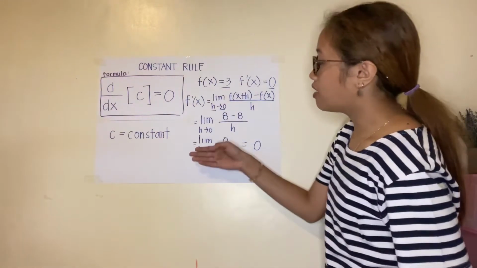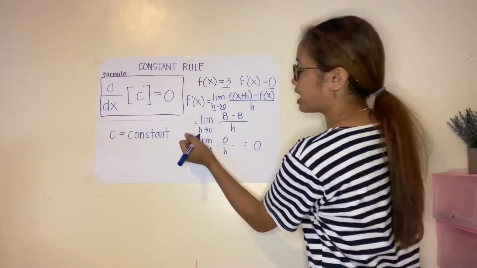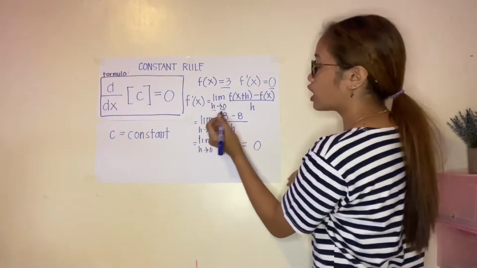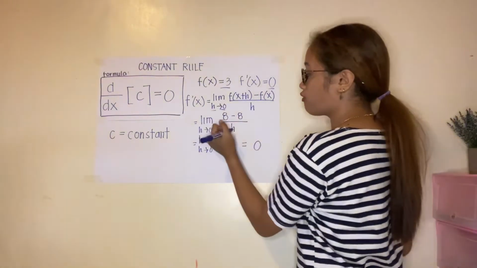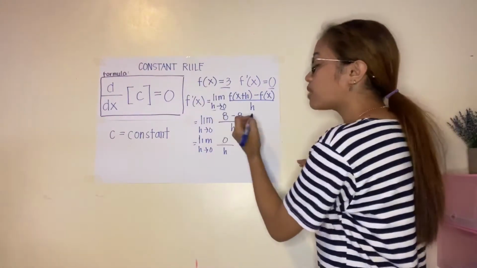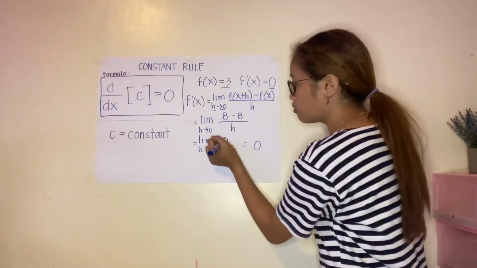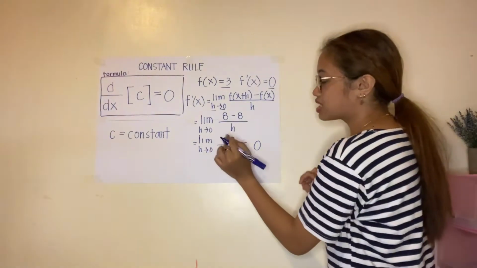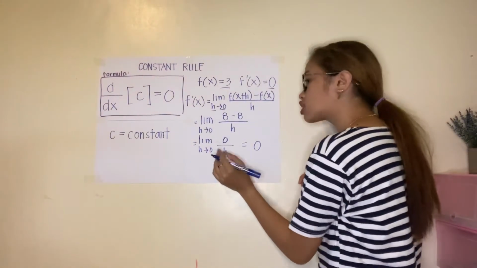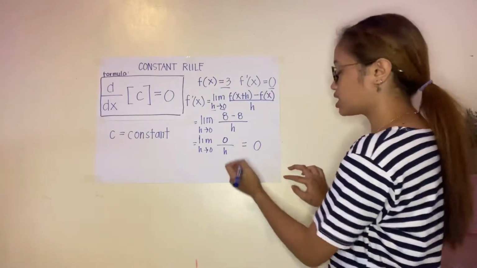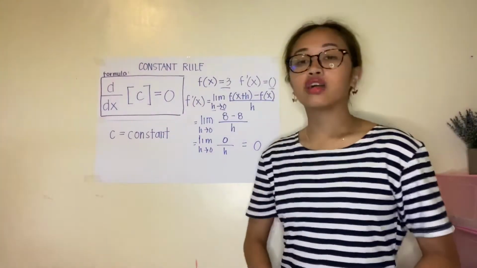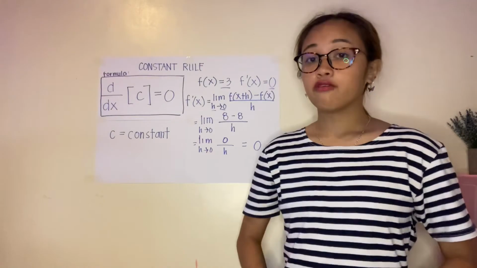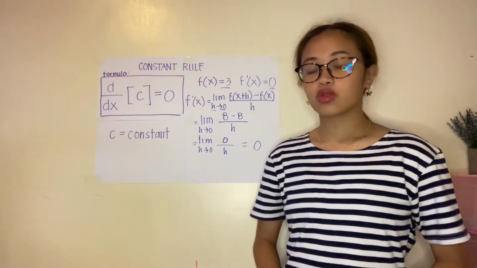So we will have the limit as h approaches 0 for 8 minus 8 over h. So 8 minus 8 would be 0. As we know that 0 over h, or 0 divided by h, would be 0. So we can conclude that the derivative of any constant would be 0.